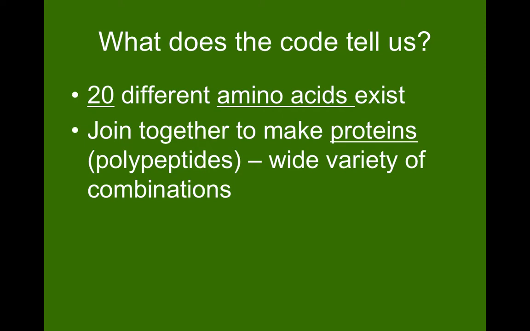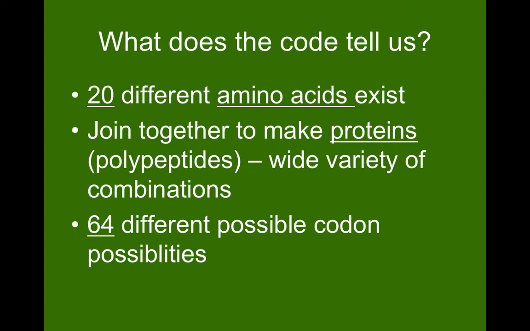This gives us a very wide variety of combinations. Now, if I look at the possibilities in terms of the 4 letters that I have and the possible combinations, and yes, it does matter if the C comes first or the G comes first or the A comes first, we have 64 different possible codons.